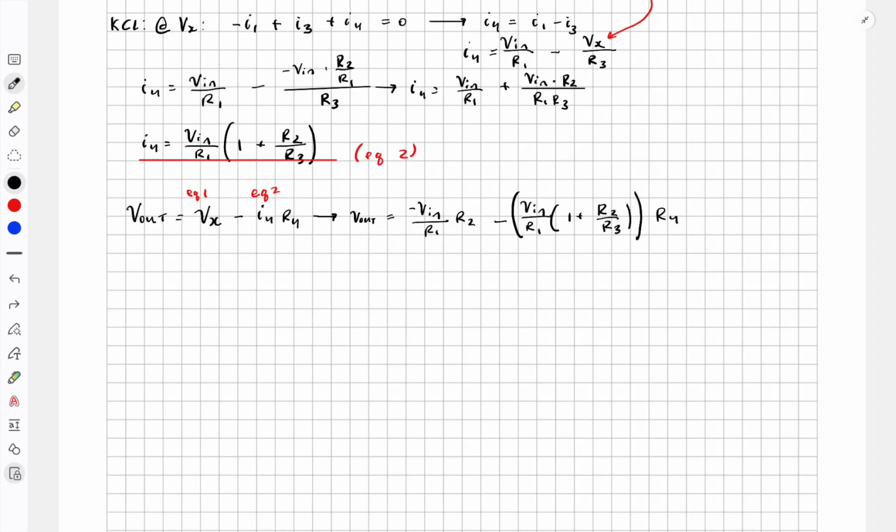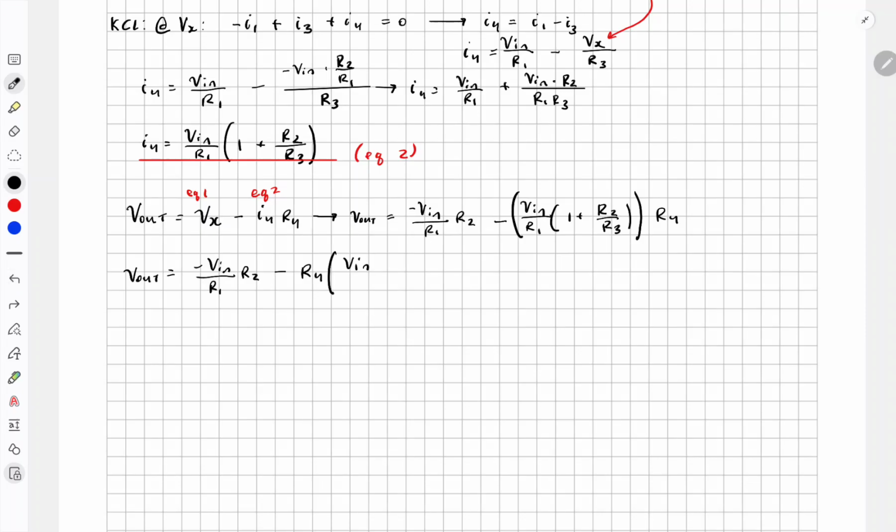So this is just algebra at this point. So we say Vout is equal to, okay, let's not touch this first term here. We will come back to it later. Let's move the R4 to the front, and then let's distribute this Vin over R1 back.